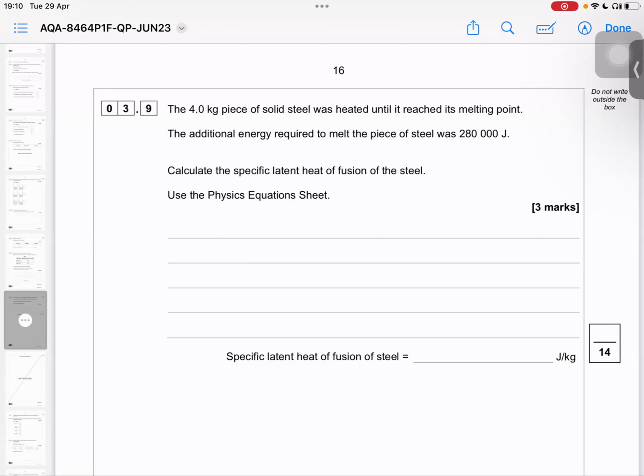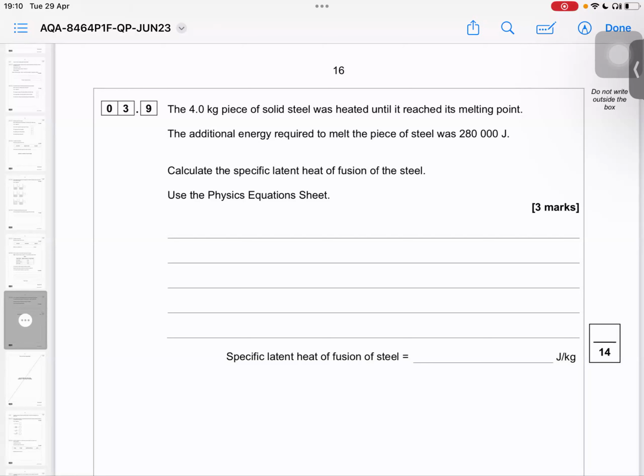Okay. All right. So do you have this so-called equations sheet? Will it be given to you on the exam day? Yes, it should be. Okay.